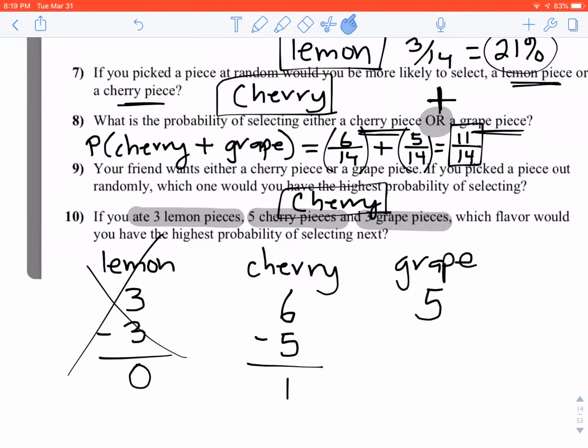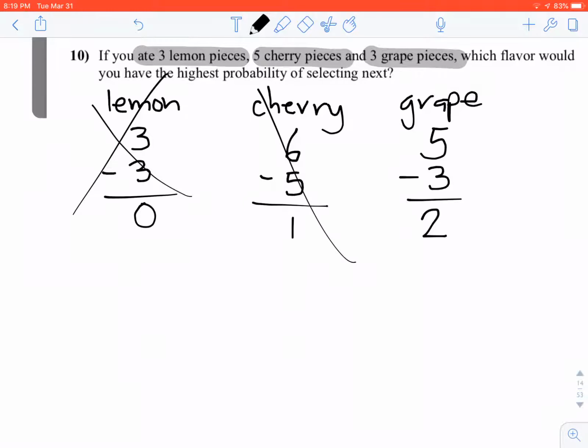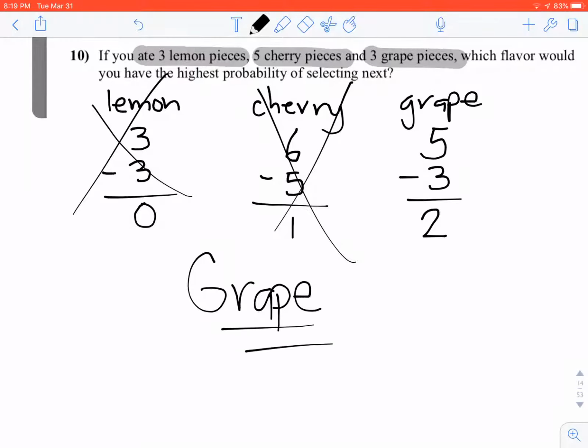And it said that this person is eating 3 grape pieces. So we are taking 3 grape pieces away from the 5 that are there. There are 2 that remain. So between the cherry and grape, you should have selected grape. It has the highest chance of being selected next because there's more grape candy bars than cherry.